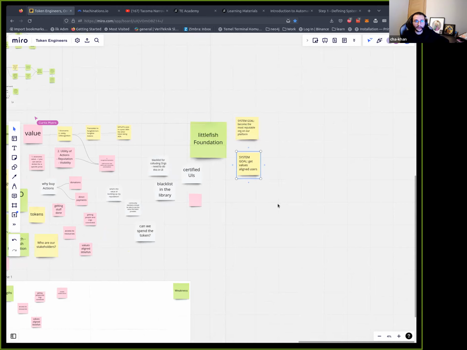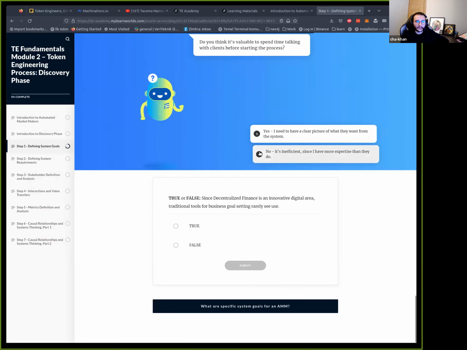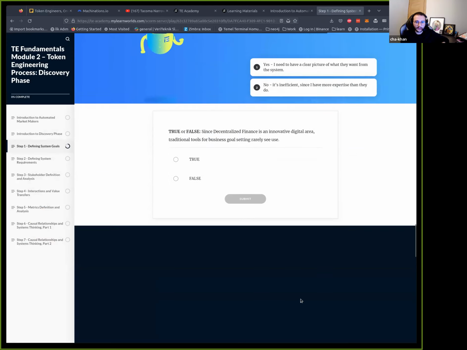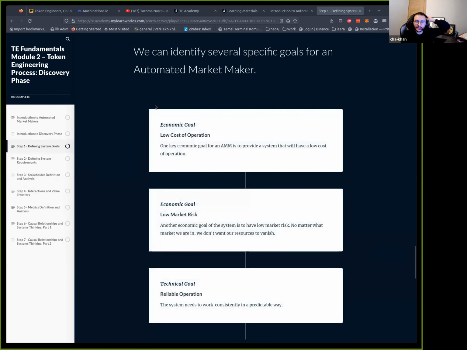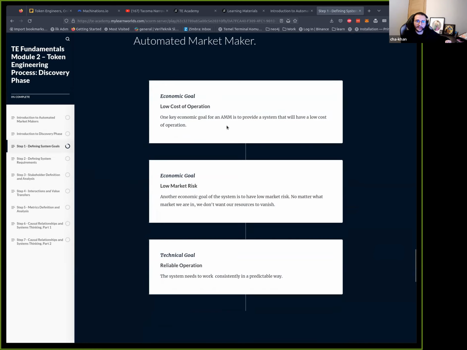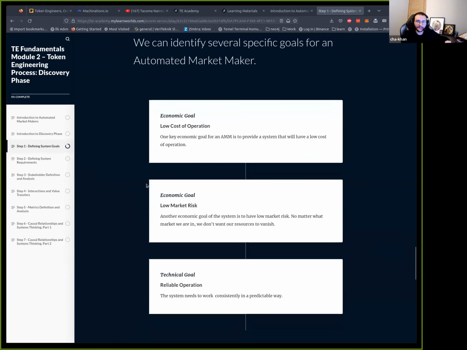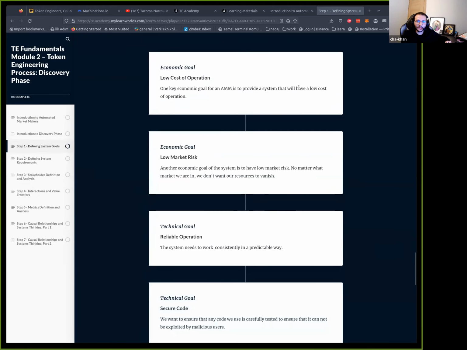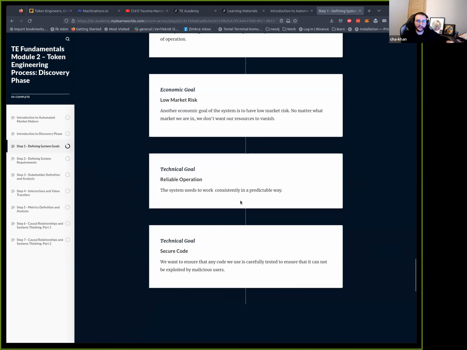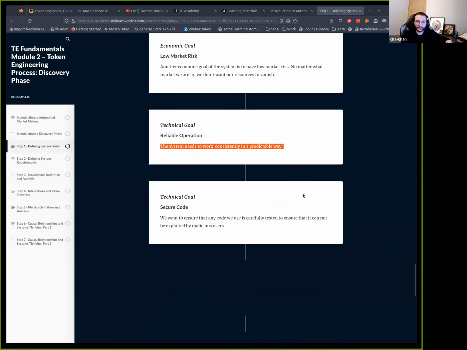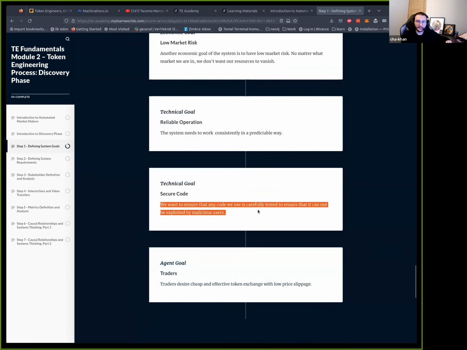Users, let's say. There were a few things here for automated market makers. Does this kind of match the goals they have? Economic goal, low cost of operation, low market risk, consistently predictable.